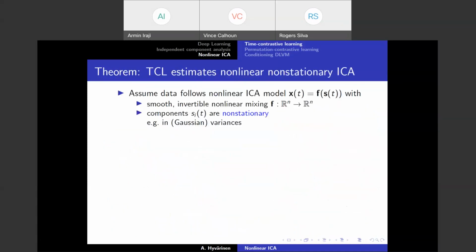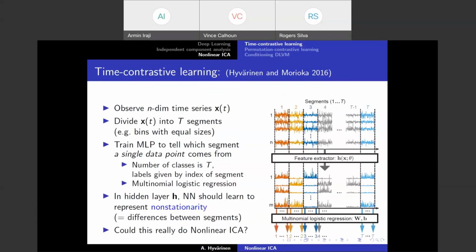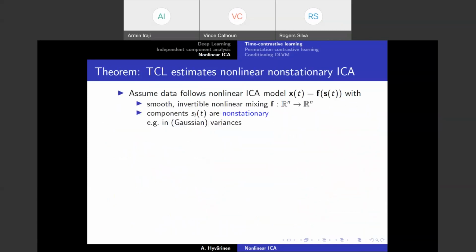Okay, so now the question is, does this actually do nonlinear ICA? And yes. So we actually have a theorem, and I will go rather quickly through it. It's been said that there are mathematical people here in the audience, so I will go through it to some extent.